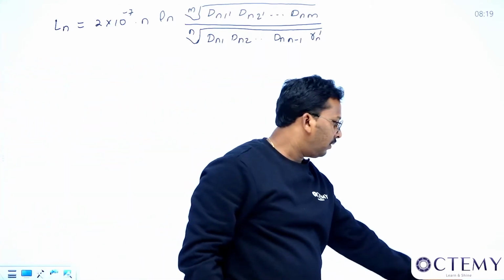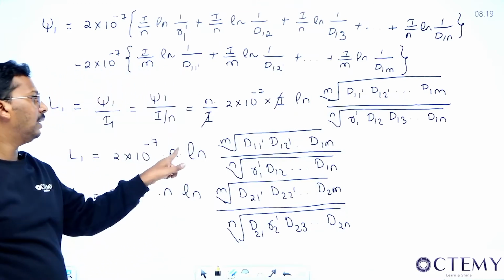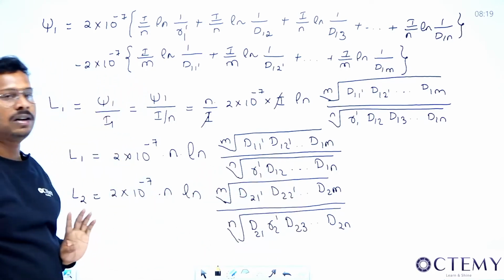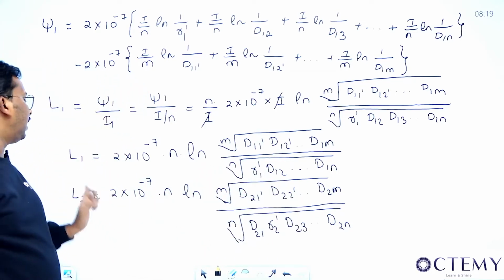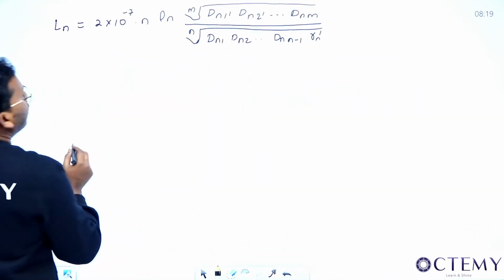Now, if you observe this 2 into 10 power of minus 7 n, this is okay, sir. But the terms which are there in the Ln are not the same. So the inductances L1, L2, L3, all of these will not be equal, sir, right? So let me write that as a critical point.